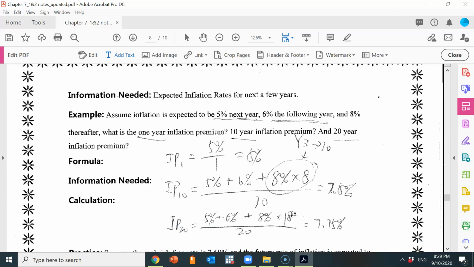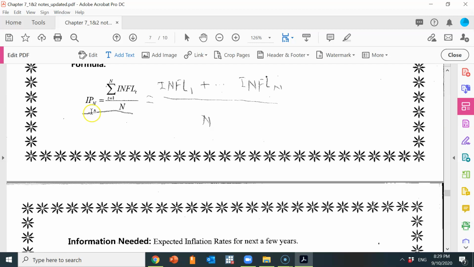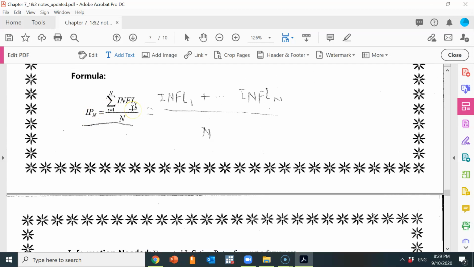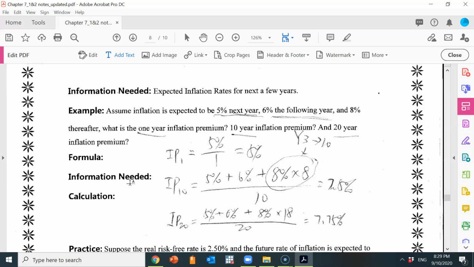I hope you saw our example from the last video. Here is an example of how we can calculate inflation premium, IP, by using the inflation rate from year 1 to year n and dividing by n. This is taking the average of the inflation rate over the n years in order to calculate the inflation premium for a bond with n years to maturity.